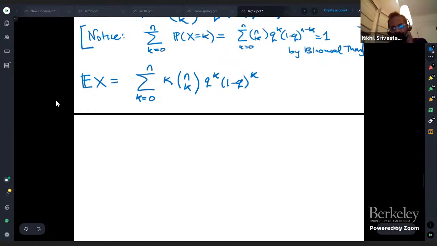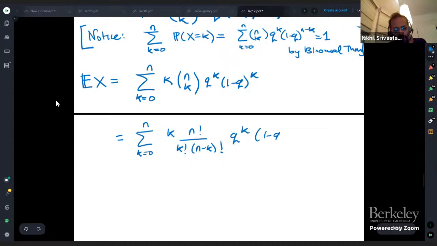That's a pretty ugly looking formula. You can do some hacking around to simplify it. So you can open the factorials. And then you get to cancel some k here, and then this becomes k minus 1 factorial. And then you can do this sort of cheap trick where you can pull out an n.